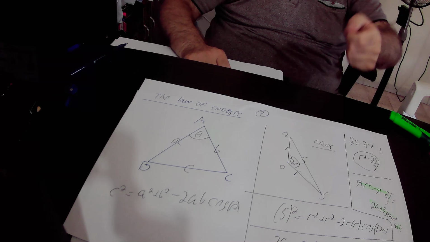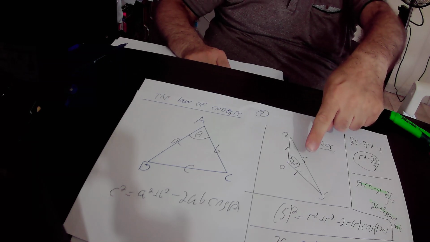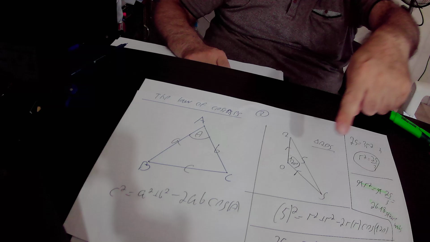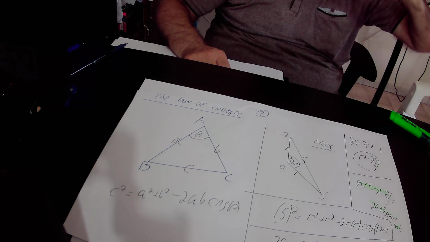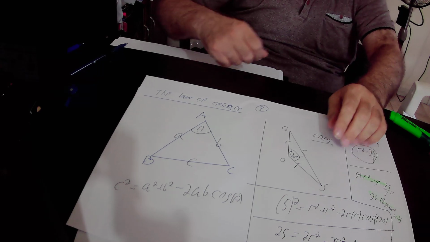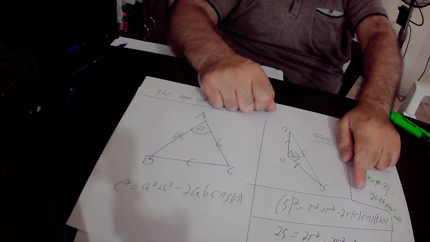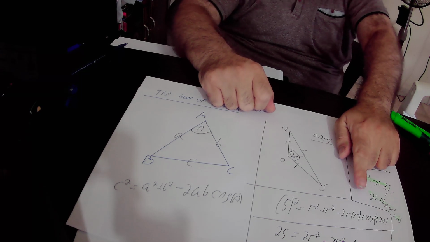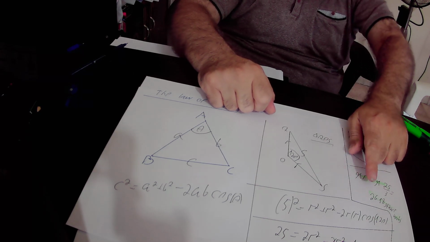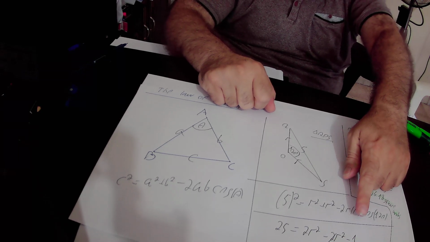According to the law of cosines, we get that 5 square equals R square plus R square minus 2 times R times R times cosine 120 degrees. Okay, so 5 square is 25, R square plus R square is 2R square, and here we have minus 2R square, and cosine 120 degrees is minus 1 half.